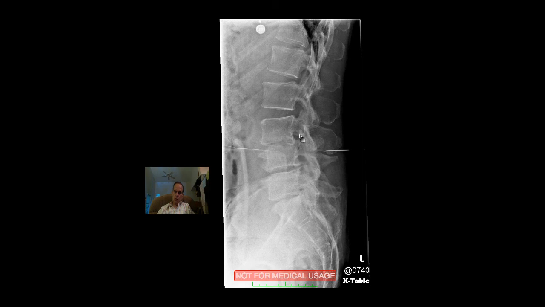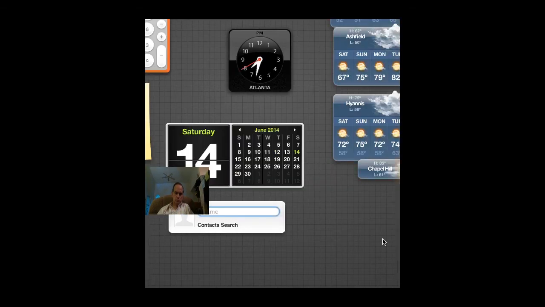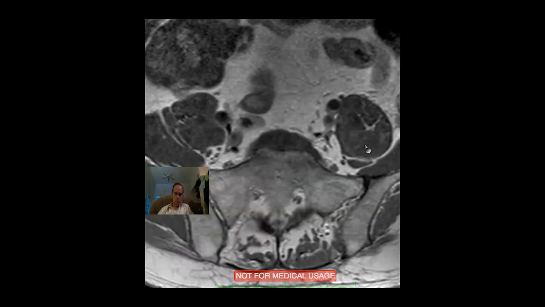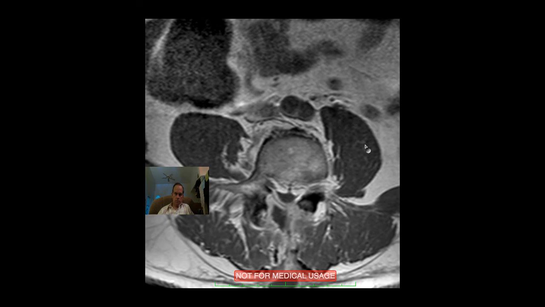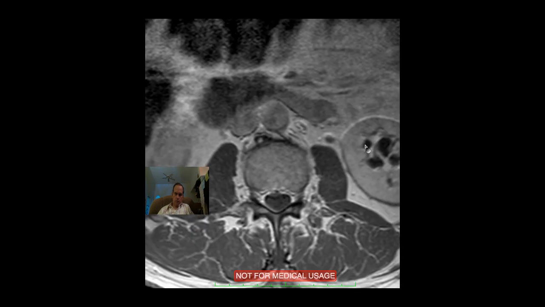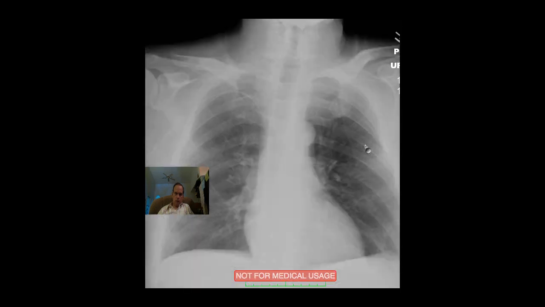Neural foramen, neural foramen, neural foramen here. And that's about it.